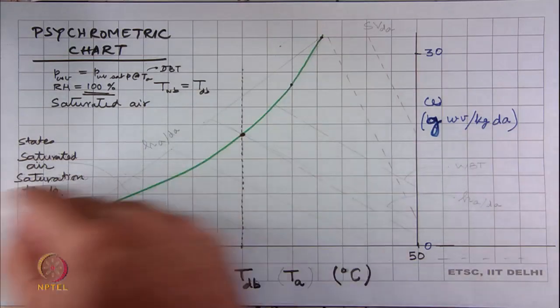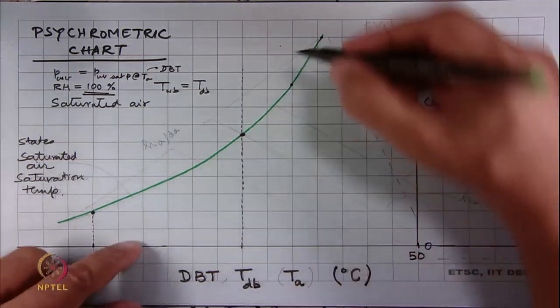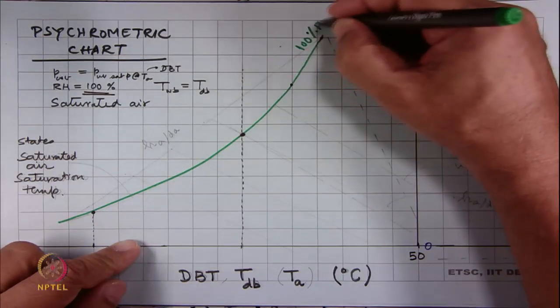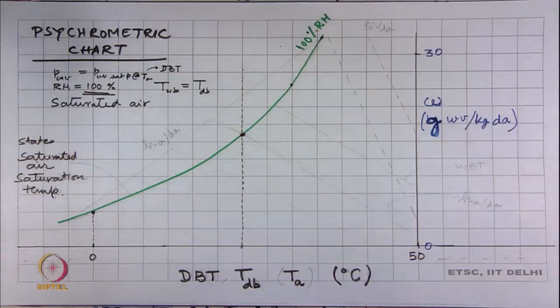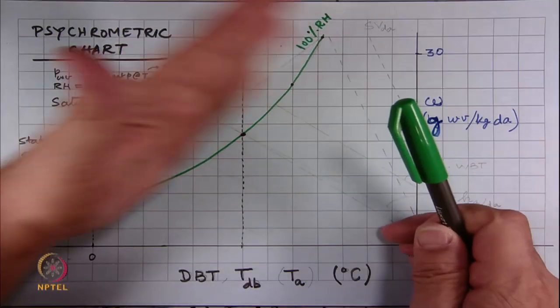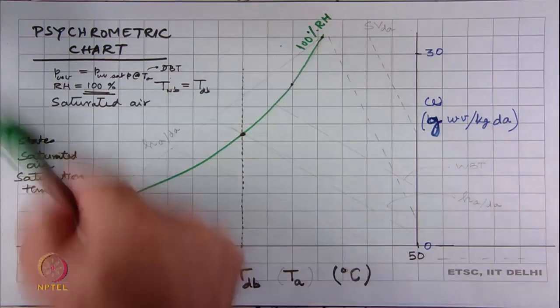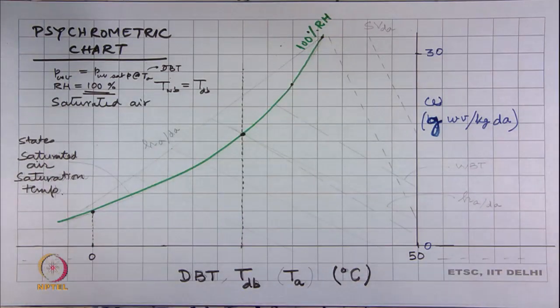So, this also tells us that this is a line of 100% relative humidity. So, beyond this no states are possible, and that is why this graph beyond this is all empty.